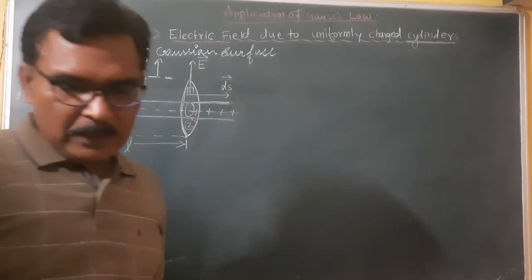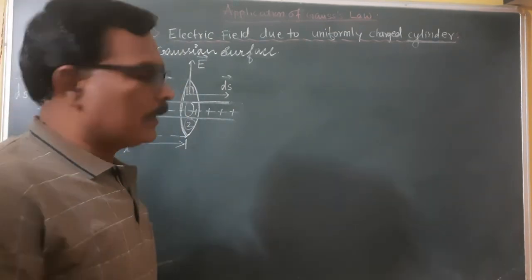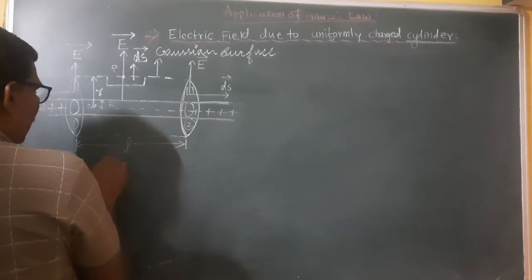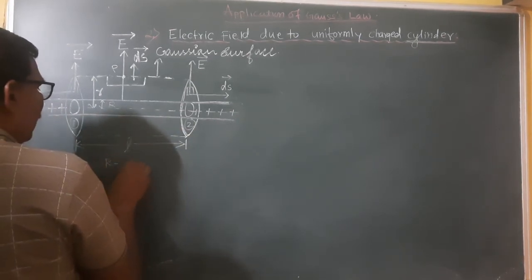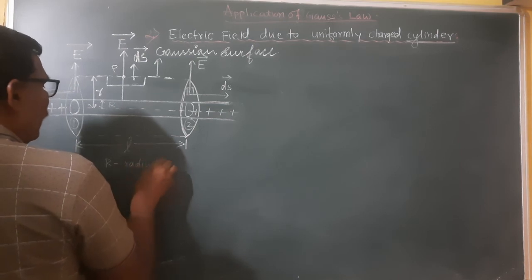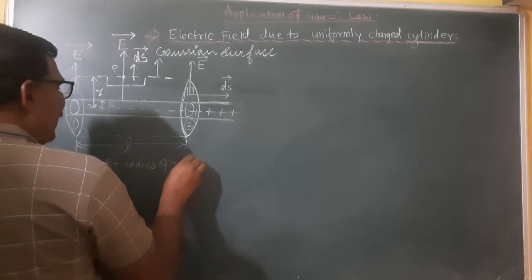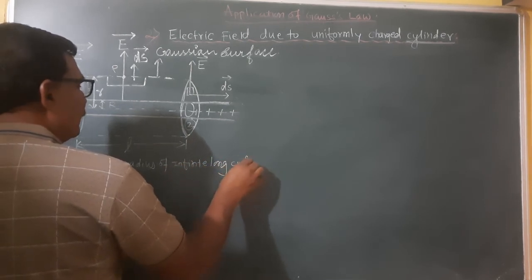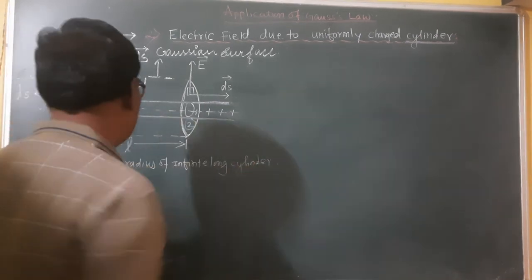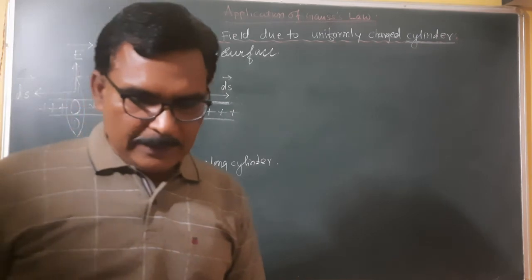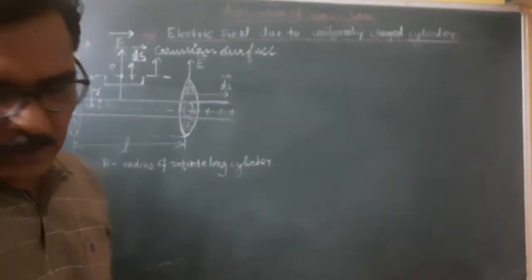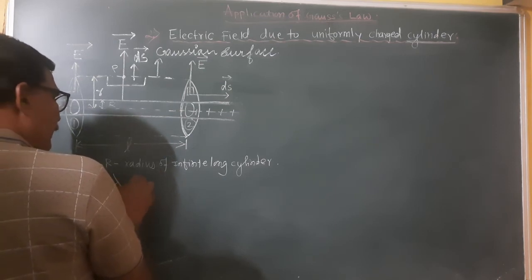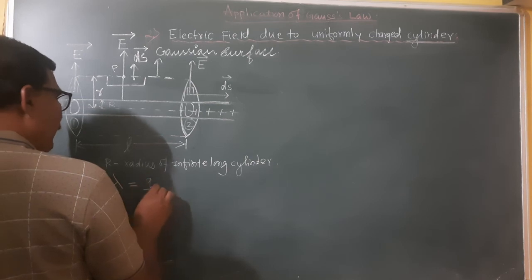First, we consider an infinitely long cylinder of radius capital R, and having a charge density lambda, which is equal to charge per unit length.